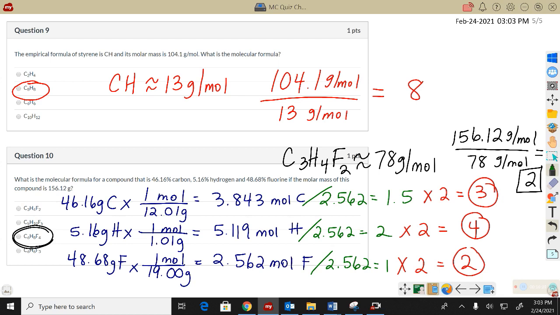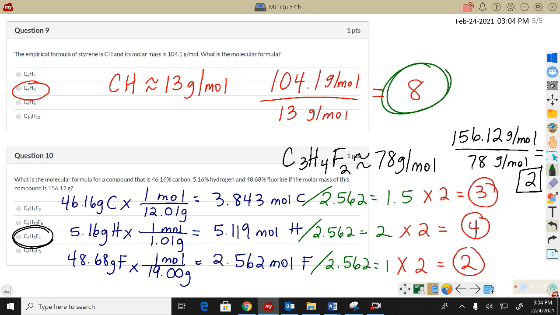So the true mass is about 104.1. If I divide by the little empirical mass, you should always get a whole number multiplier. Take the large mass, divide by the smaller mass of the empirical formula. My multiplier is 8. So then instead of a ratio of 1-to-1, the ratio is 8-to-8.